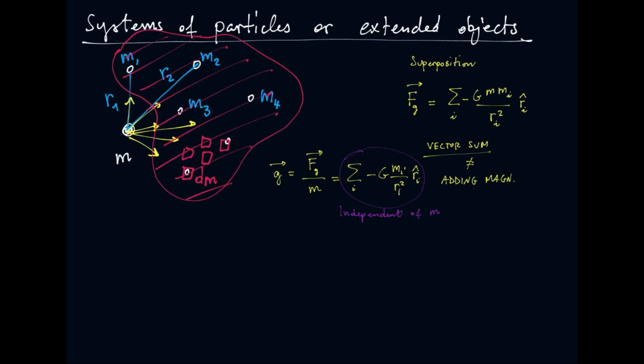The result is that the gravitational force experienced by my mass is an integral of the forces that each little dm exerts on this object, which is minus G, the mass of the object, times the integral of dm divided by the distance squared times r hat.